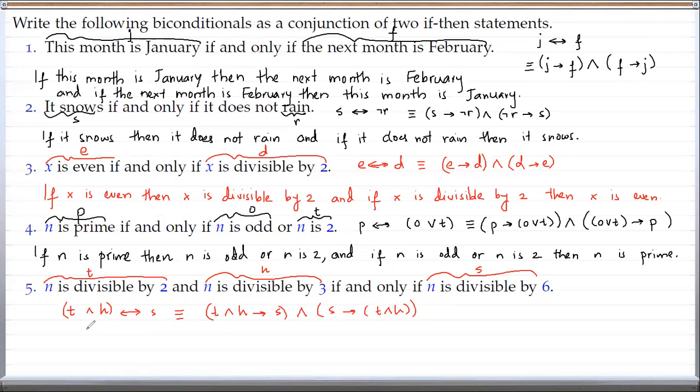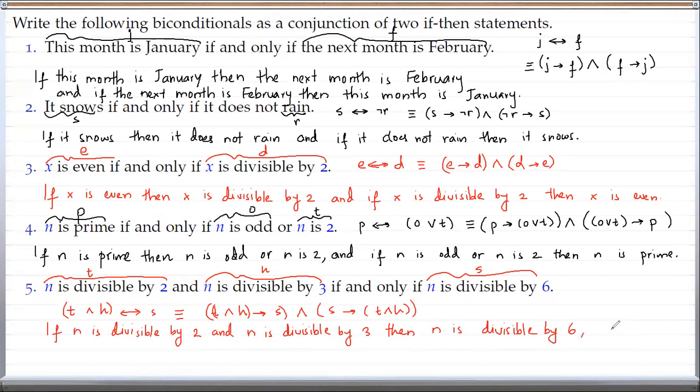Now let's write this conjunction in words. So we have T and H implies S. This we can write as: if n is divisible by 2 and n is divisible by 3, then n is divisible by 6. This is one direction.